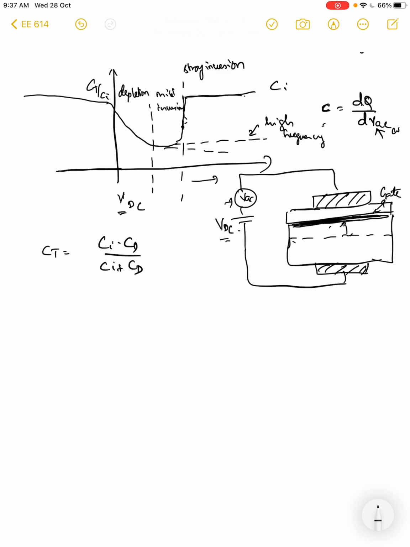So if you sweep the DC bias as well at high frequency, then you will not be able to form the inversion channel as fast as you are sweeping the DC bias, and hence you will change the depletion width WD such that as you increase the VDC sweep range, you will reach lower and lower capacitances, which is called as deep depletion, right?